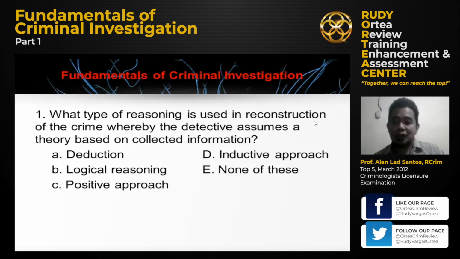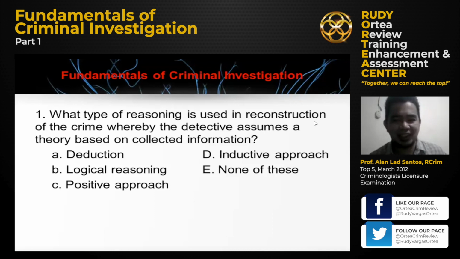So, in this question, guys, take note, the detective assumes a theory based on collected information. Nagkakaroon siya ng isang idea base sa lahat ng kanyang nakolektang informasyon. So, what do you think is the answer for number 1?